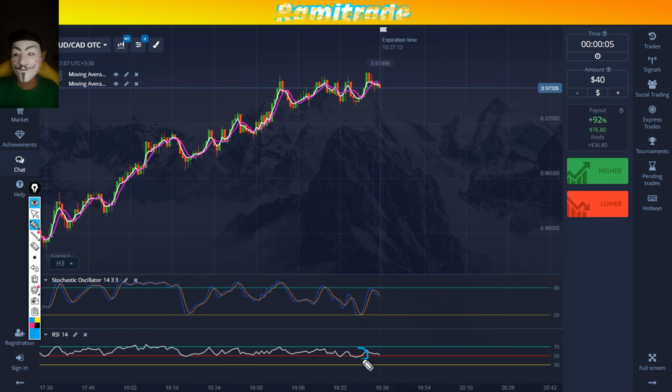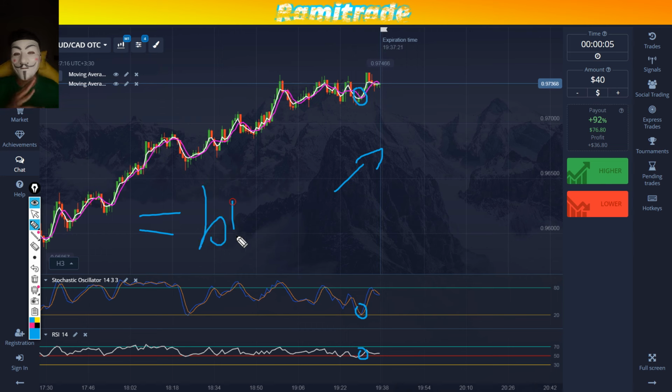When the trending RSI indicator and/or stochastic indicator cross each other, and/or two moving averages cross their purple color, we enter the trade.